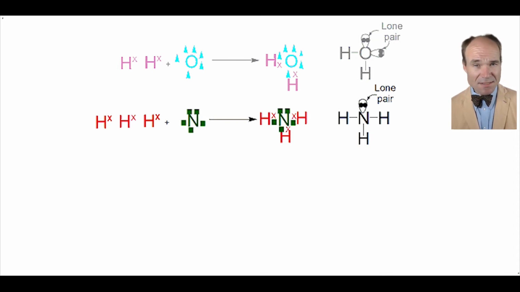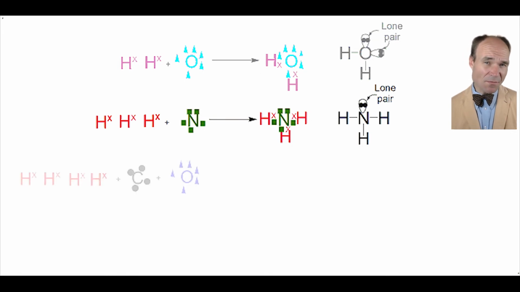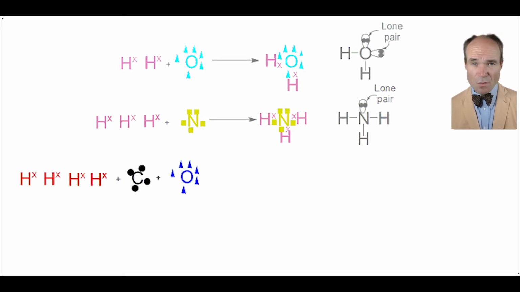Now we will consider something that's going to involve 4 hydrogen atoms, 1 carbon atom, and 1 oxygen atom. We know that the hydrogen atoms are going to want to gain an electron, whilst we also know that both the carbon and oxygen atoms wish to end up with 8 electrons. How does this happen?